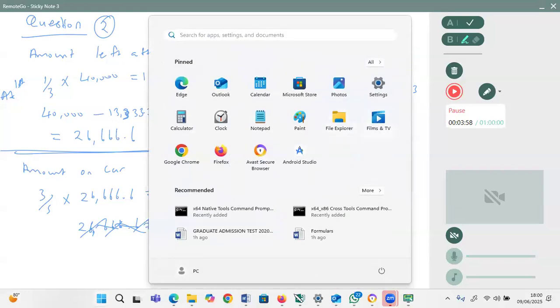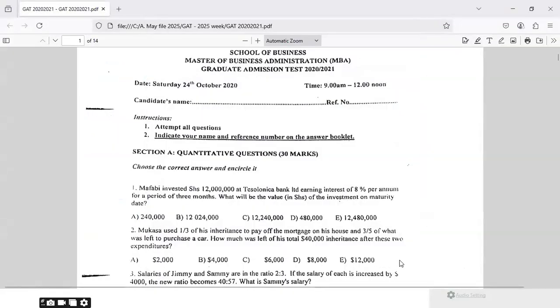Now, unfortunately, when you go to the answers, you will notice that the 10,666.7 is not there. So in that case, when the answer is not there, there are always two options: either to circle what is closest or to just put it there. Those things happen.